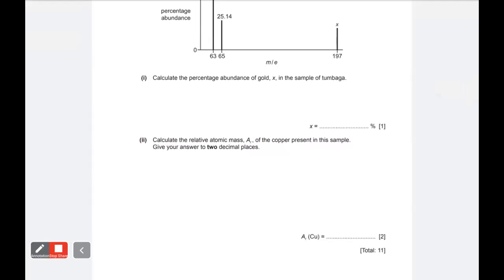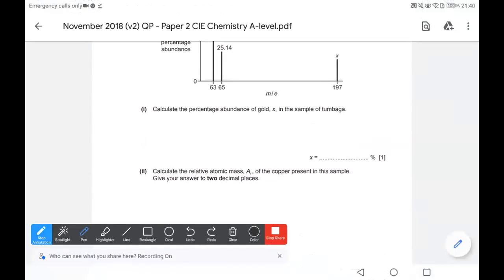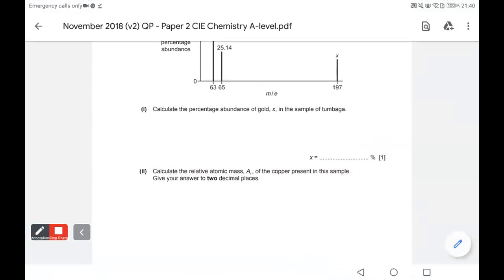Calculate the relative atomic mass of copper present in this sample. We can do that because we have the abundances and everything there.